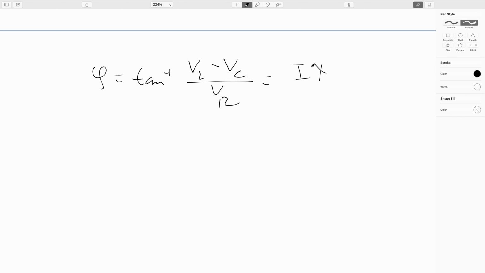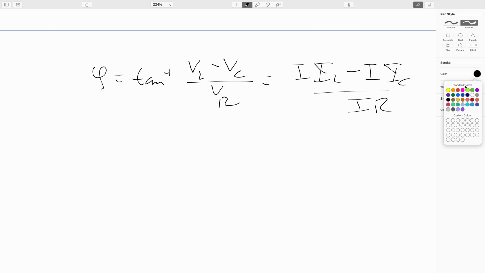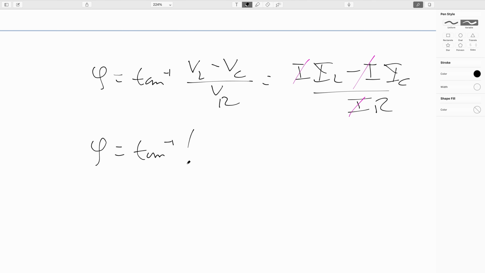This will be I XL minus I XC over I R. And we can have cancel Palooza with the I's. So we get that our phase angle is the arctangent of XL minus XC over R.